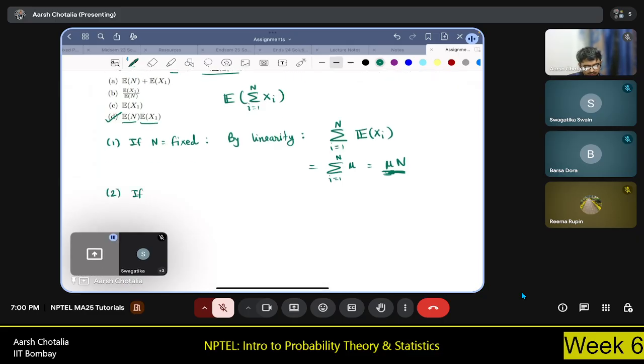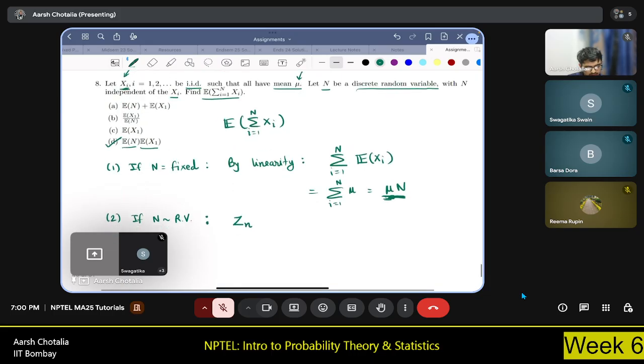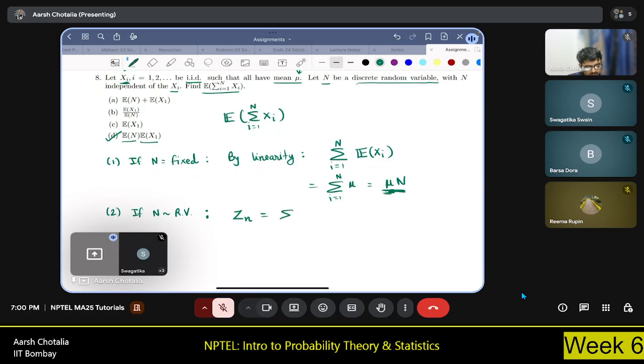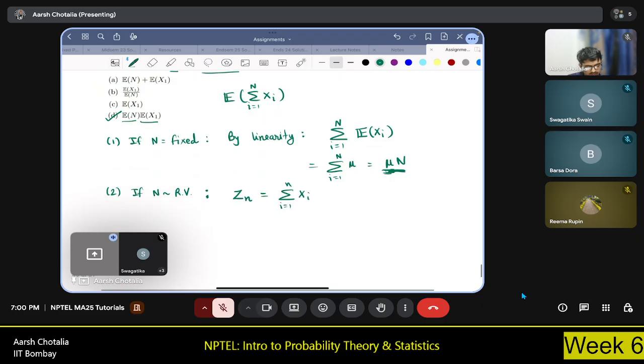Now if n is a random variable, like what is given in the problem, then I can first define Zn, which is the sum from i equal to 1 to n of Xi. Then what do we know about the expectation of Zn, where n is fixed?